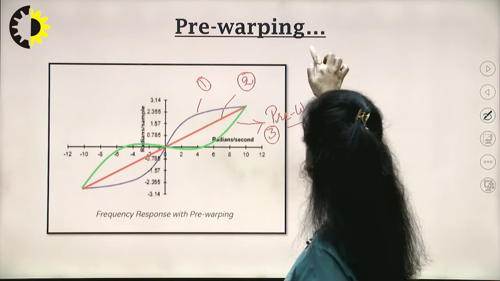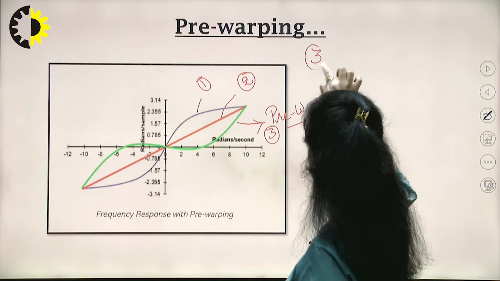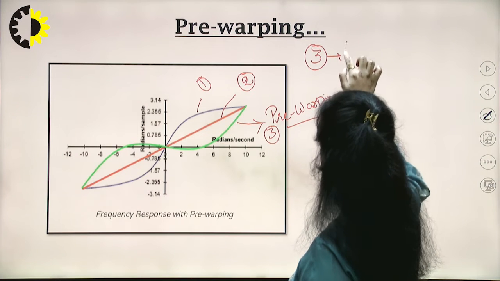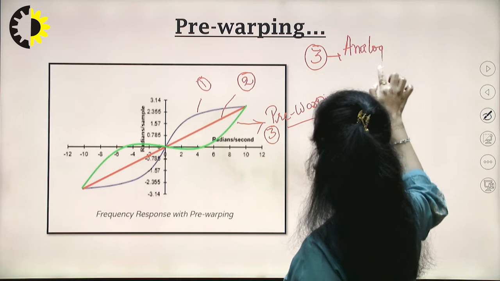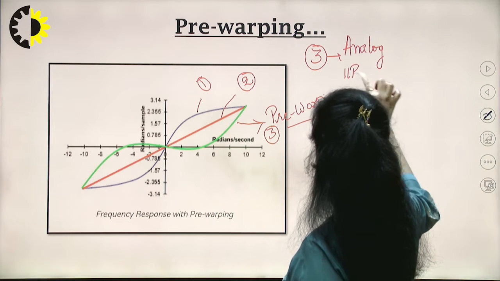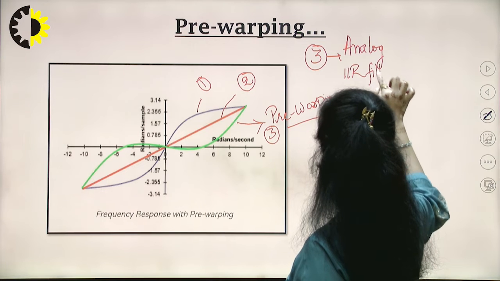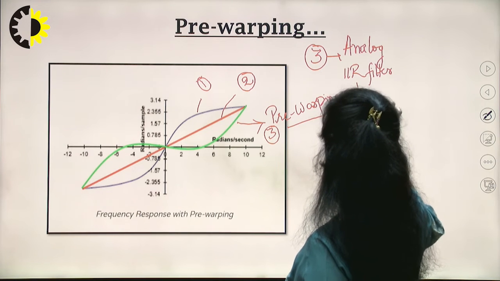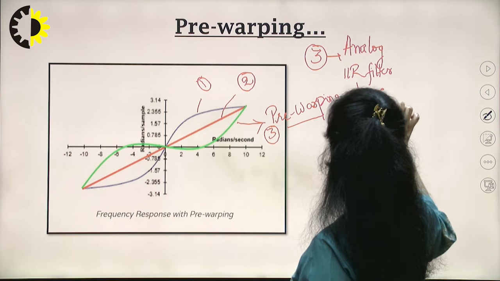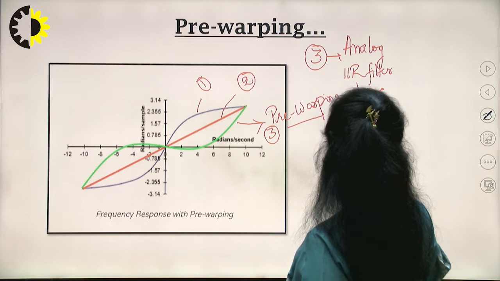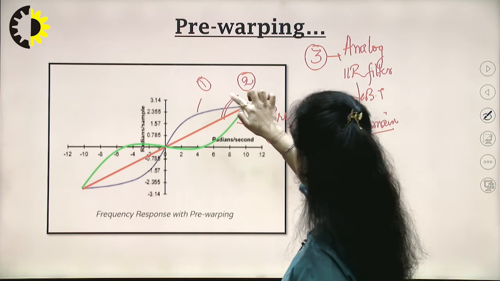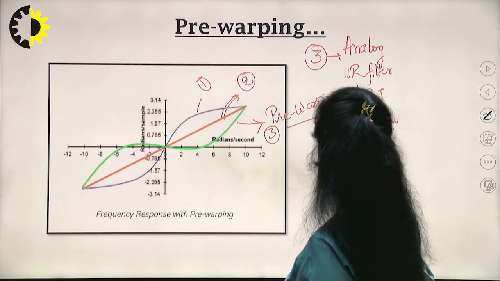So I need to work with these values of curve 3 in the analog domain when I am creating my IIR filter, and then when I transform these frequencies using bilinear transformation into the Z domain, or digital domain, I would obtain a curve which appears like graph 2.